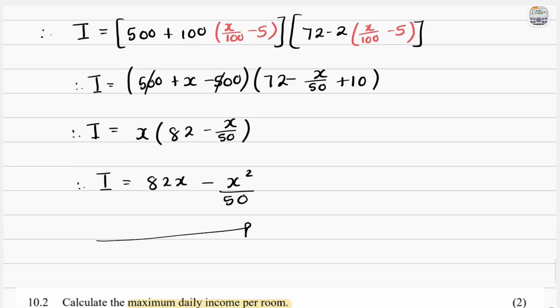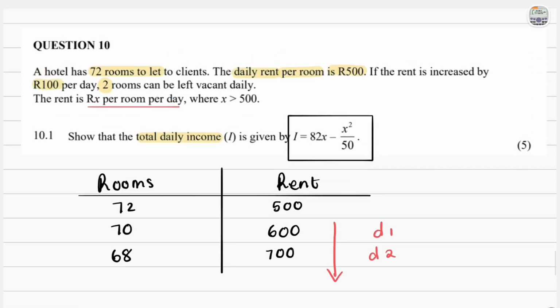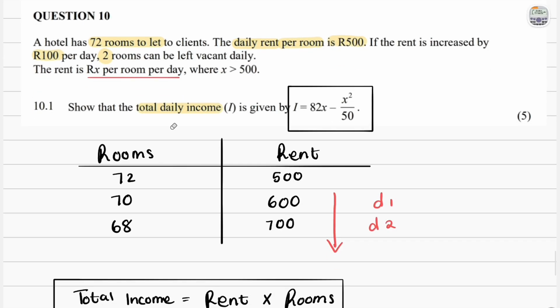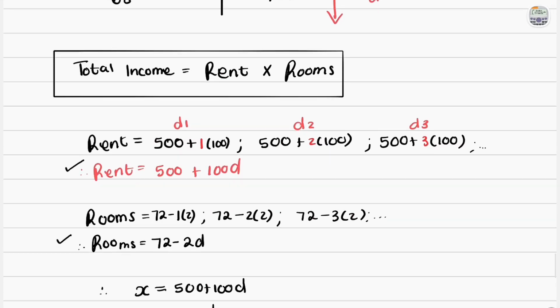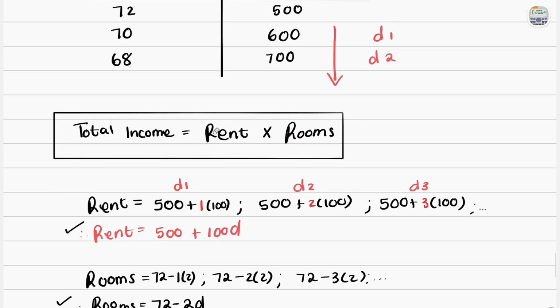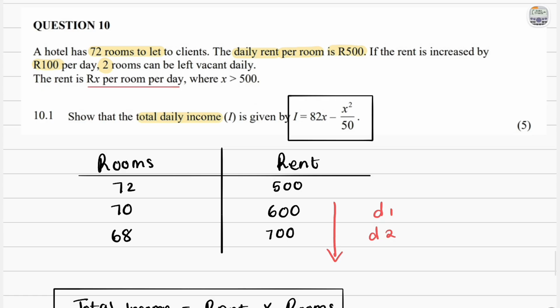I tells us the total daily income, not per room, as in, just like how we calculated it, we have the rent per room, and then multiply by the total rooms. So this is the amount that the hotel is going to make on that day because of all the rooms that were rented out. Now, initially they told us that x rand is the rent per room per day.